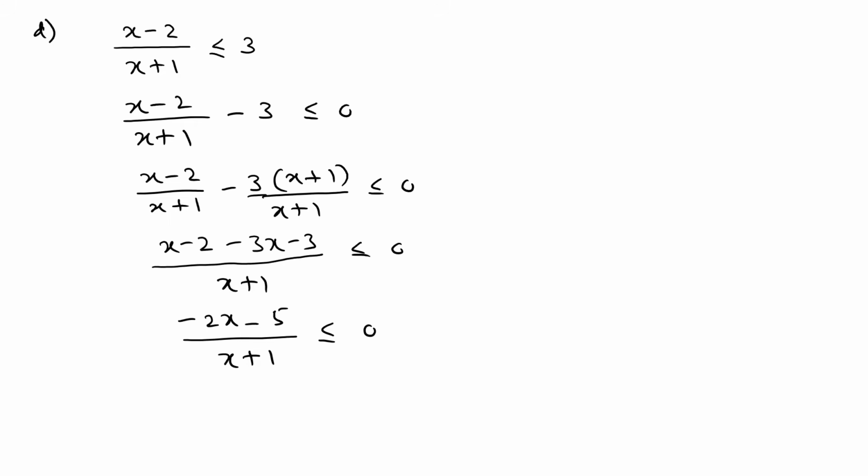And then you can make it simpler. You can divide by a negative sign. When you divide by the negative sign, you get simply 2x plus 5 divided by x plus 1, and you switch the sign of the inequality. After we come to this level, you can see this is a very simple problem, like we did before.